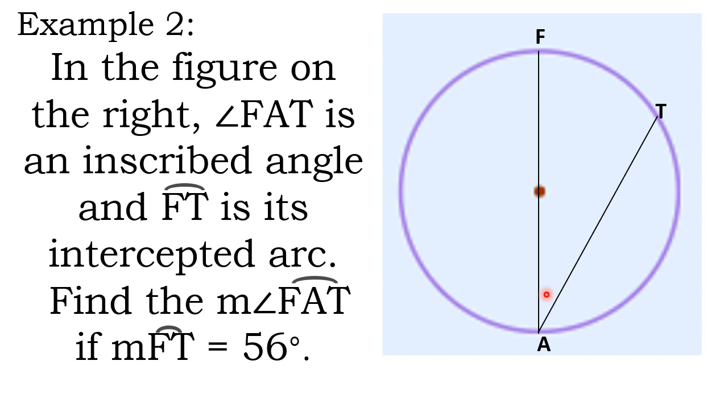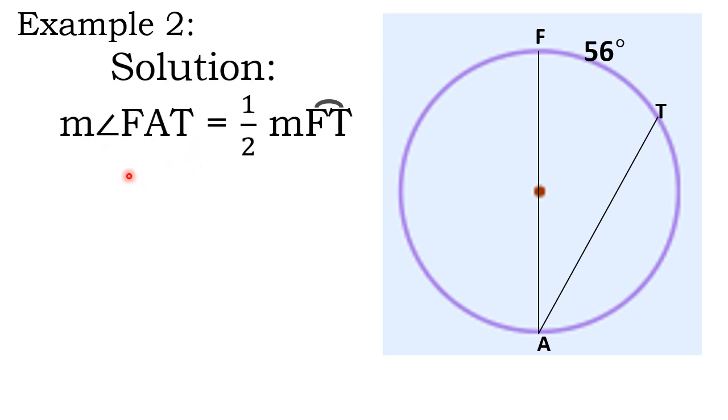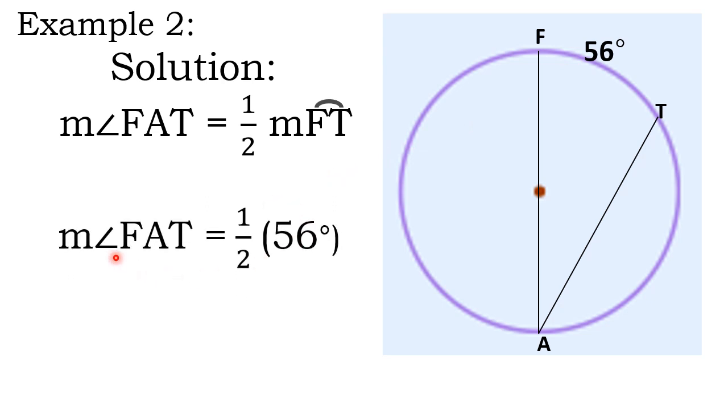Again, applying theorem number 1, the measure of angle FAT is equal to 1/2 the measure of the intercepted arc FT. The given is the measure of arc FT, which is 56 degrees. By substitution, the measure of angle FAT is 1/2 of 56 degrees.